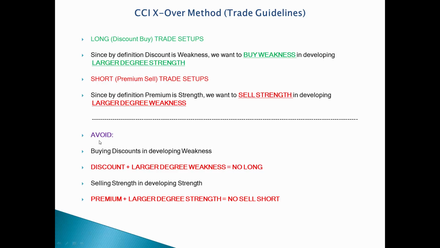So again, on the avoidance side, in terms of buying discounts in developing weakness, we want to avoid that. We do not want to buy discounts in larger degree weakness, equals no long. And we do not want to sell strength or premium in developing strength.